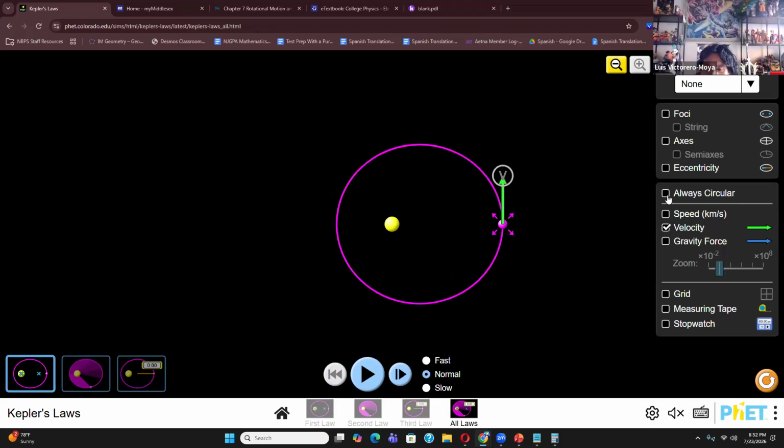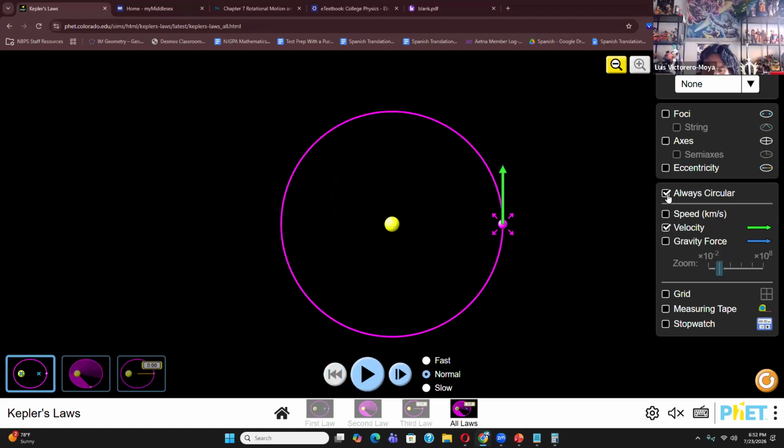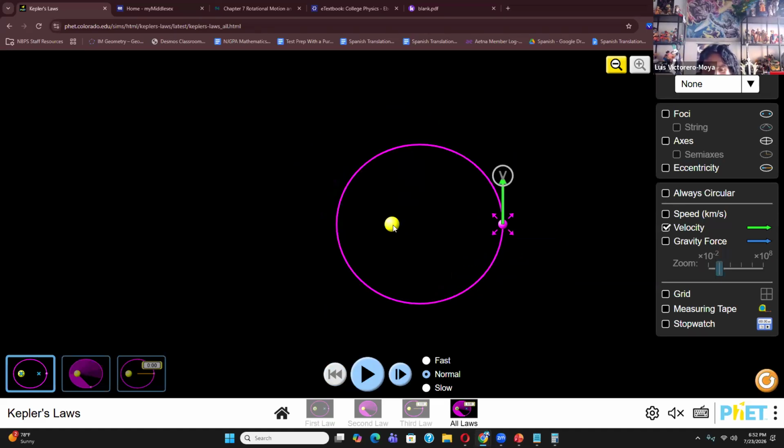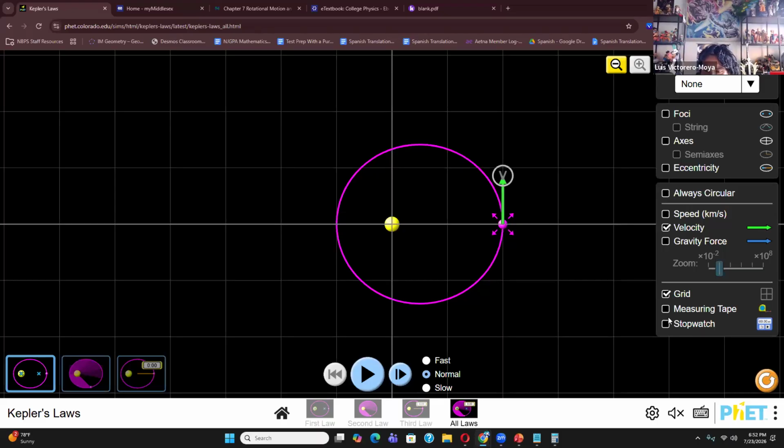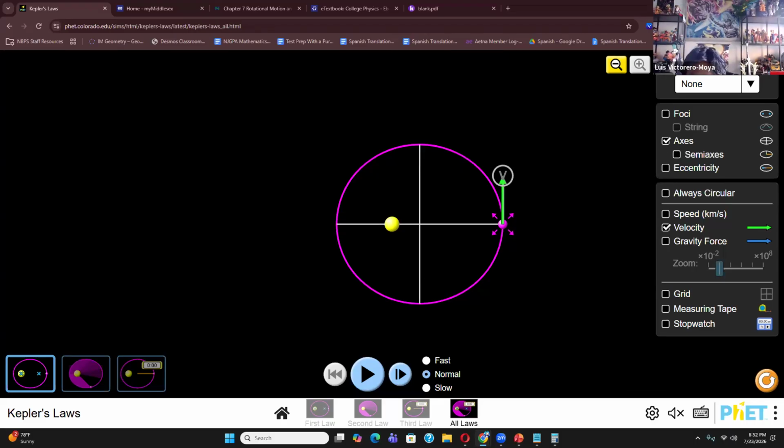What's the difference between a circle and an ellipse? Is that the sun is not really at the center. So if we were to assume circular orbits, the sun will be at the center and planets will move at the same speed.